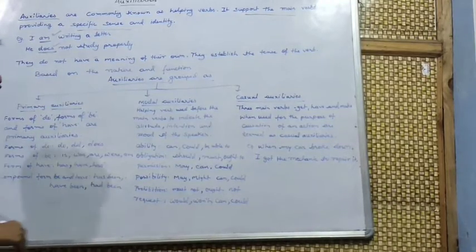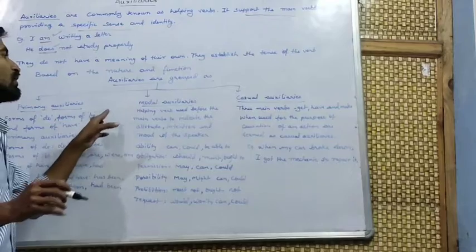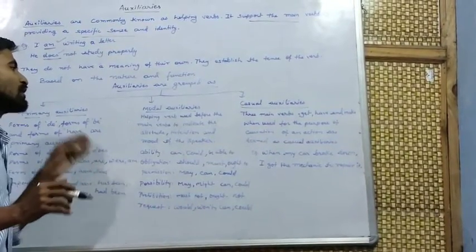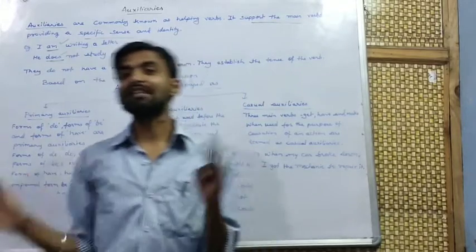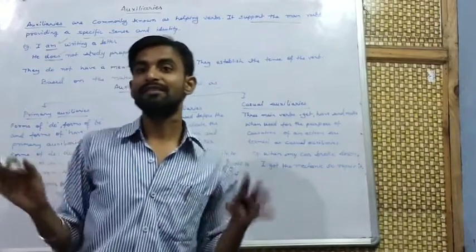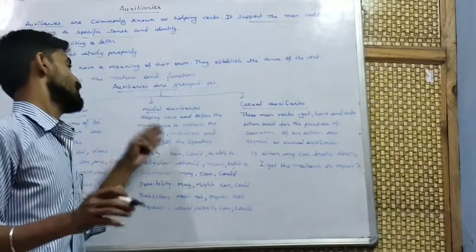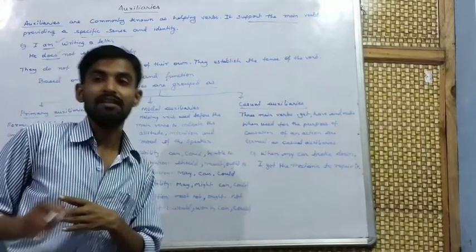Modal auxiliaries. What are modal auxiliaries? A helping verb used before a main verb to indicate the attitude, intention, or mood of the speaker.